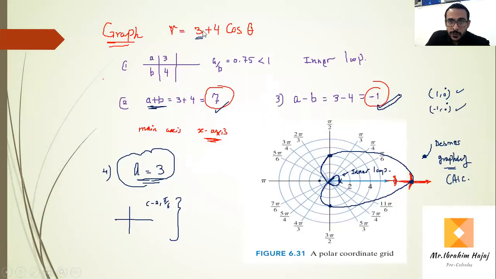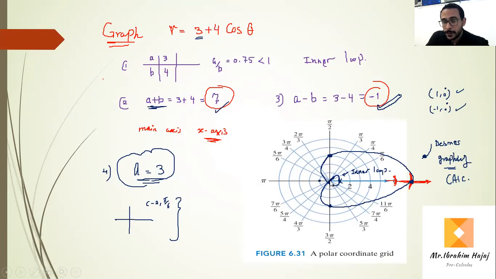Second question, also an inner loop. A over b is 3 over 4, 0.75, and we have basic cosine. The graph opens on the right, on the positive part of the x-axis. The length of how the graph is stretched on the x-axis is 7, which is the sum of 3 and 4.